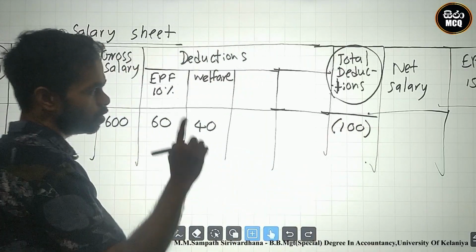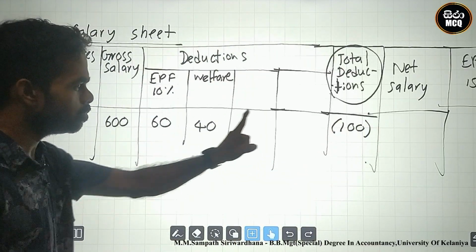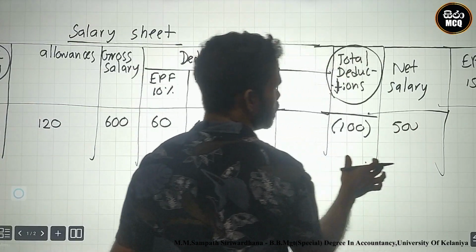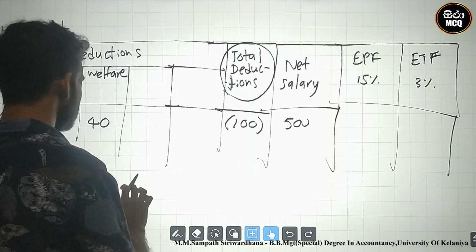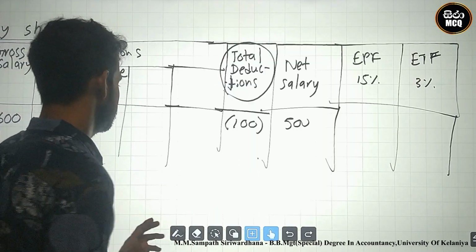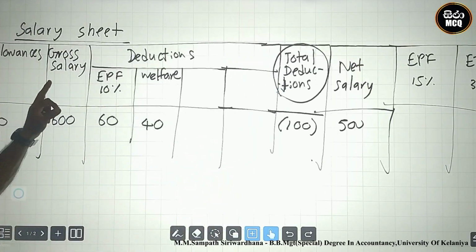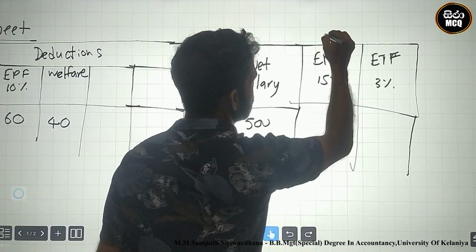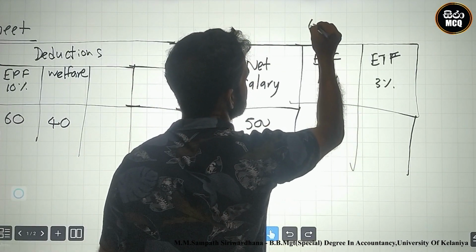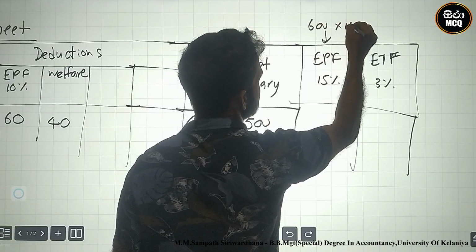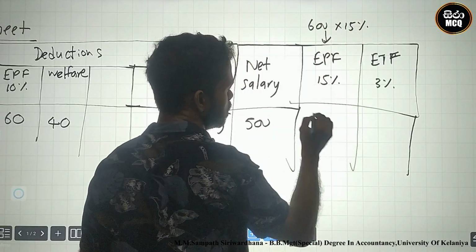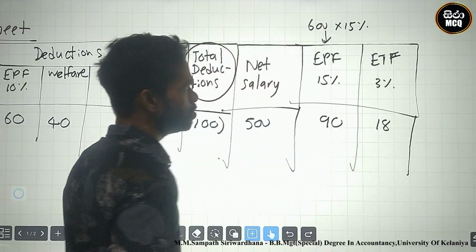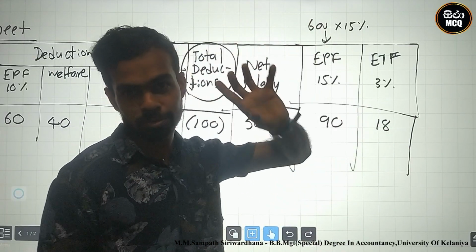There is 100. What is the net salary? 600 minus 100, 500. What is the 15%? 15% is calculated based on 600. 600 means gross salary. 600 into 15% is 90. 3% is 18. 600 is the basement.